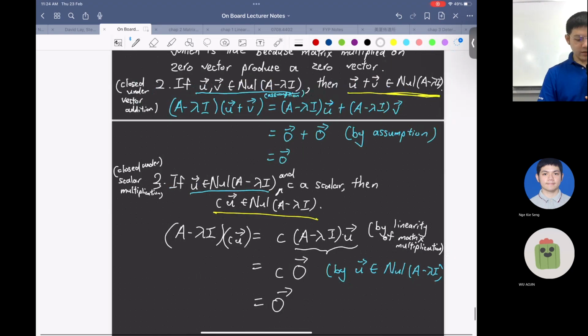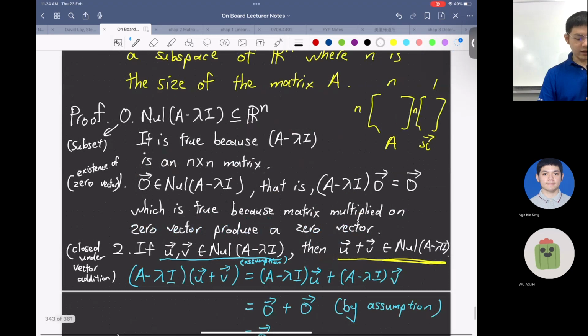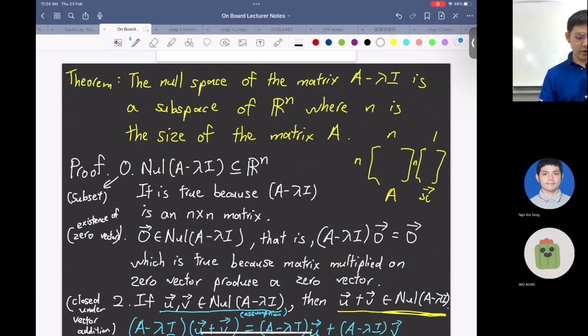So after all this, what I want to say is, the eigenvectors form a subspace. Meaning the eigenvectors corresponding to one eigenvalue, right?